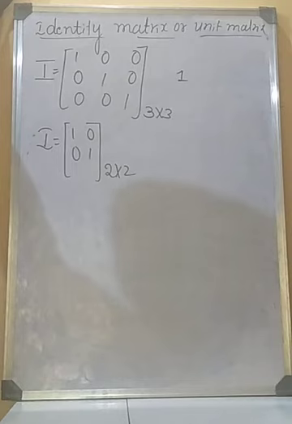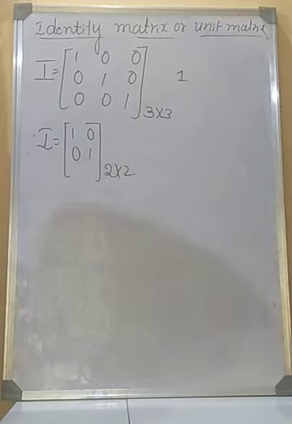Again, zero matrix, row matrix, column matrix, square matrix, diagonal matrix, scalar matrix, identity matrix. Zero matrix: a matrix in which every element is 0 is called a zero matrix.